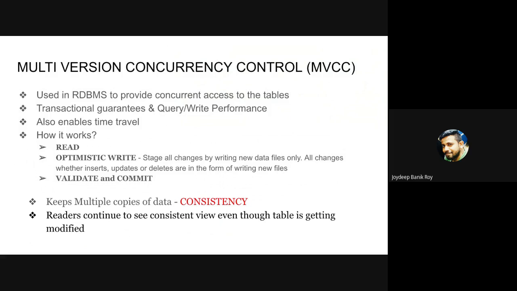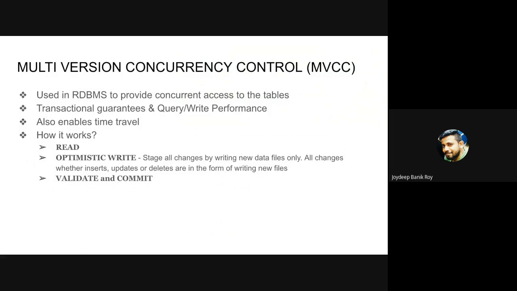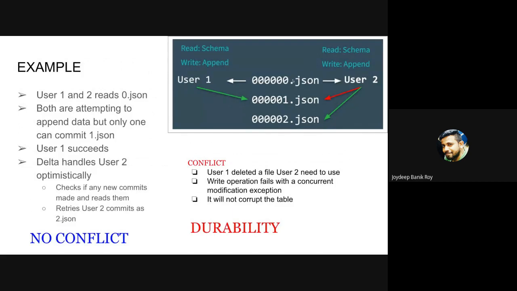So as you can see here, because everything is a new data file, there are multiple copies of your data that are stored. Hence the consistency part of it. A reader continues to see a consistent view of your table at the time it is getting modified. Why? Because the reader is reading an old version. The reader is at 0th version. No files got deleted while the reader was accessing it and working with it.